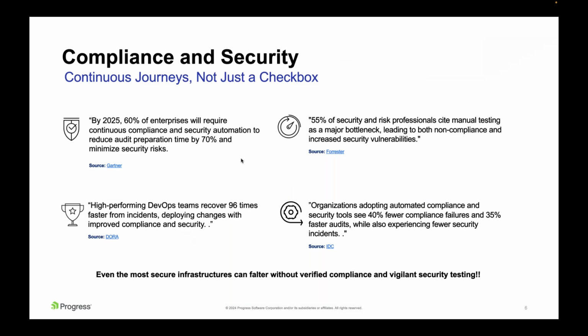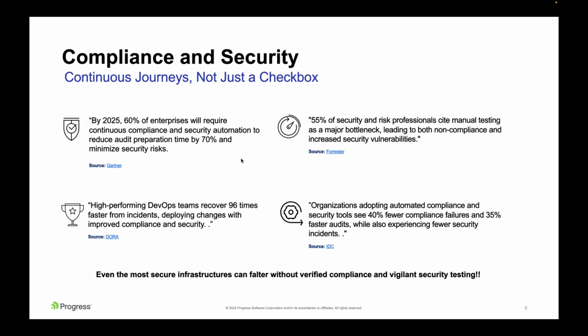So, there is a need for automation in compliance and security, and that is becoming essential as organizations face growing complexities. And as we approach 2025, more businesses are shifting towards continuous compliance and security automation to reduce audit times and mitigate risks.